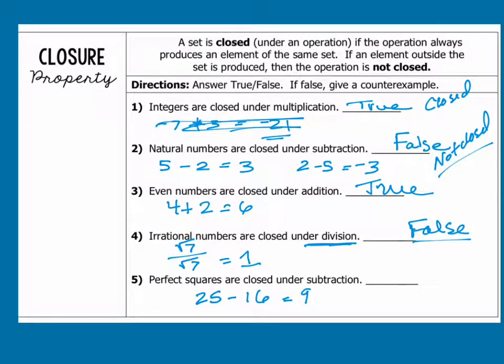Let me try 25 minus 4. What do I get there? I get 21, which is not a perfect square, so false. You only need one counterexample for the whole thing to be false. All right, so that's the closure property. And that's your lesson 1.2.